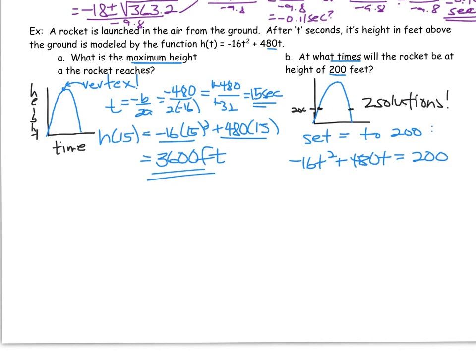We said let the equation equal 0. Well, here we've set it equal to 200. That means we've got to move it over. That would give us negative 16t squared plus 480t minus 200 equals 0. So now it's in the form we need it to be in to solve.